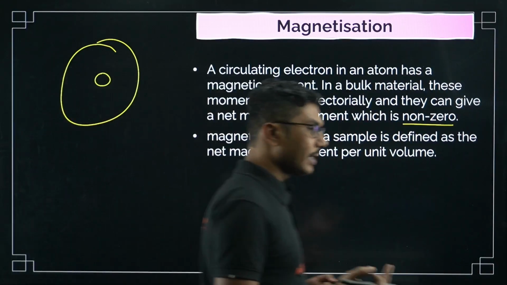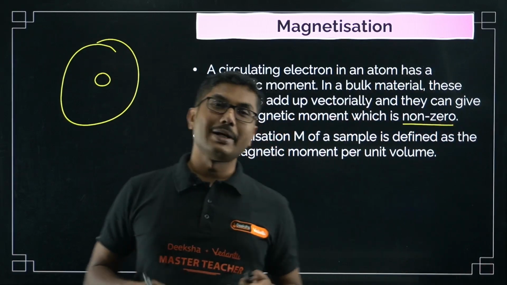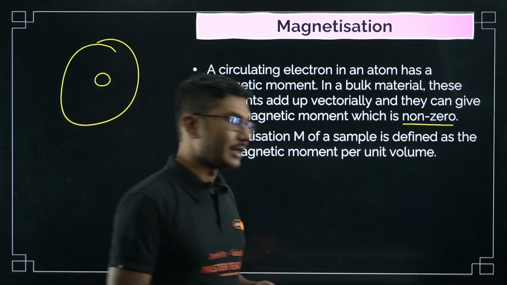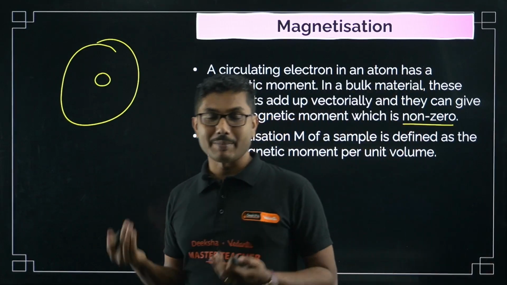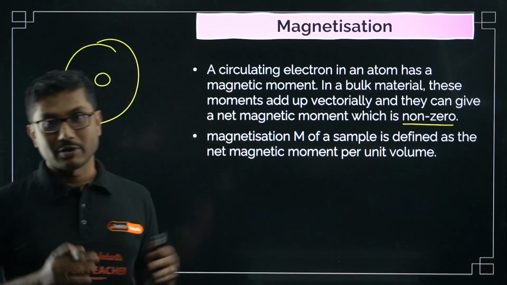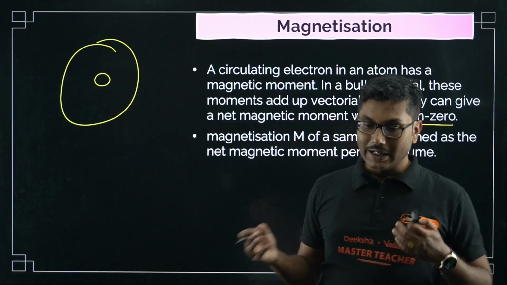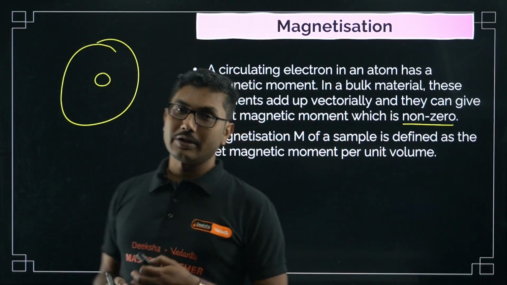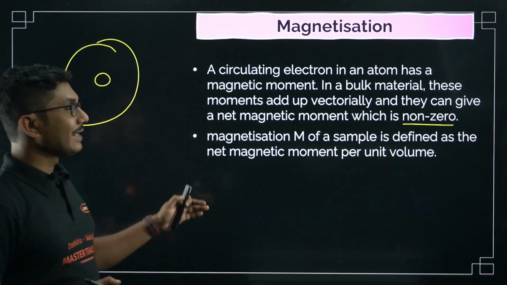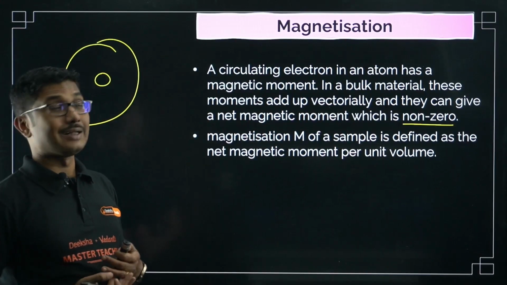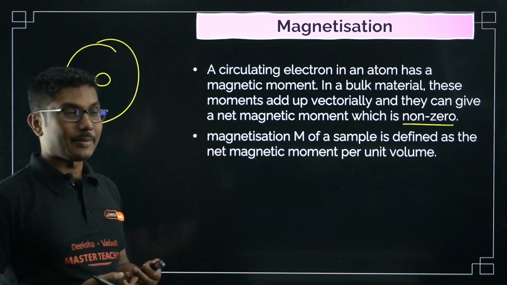For example, copper is paramagnetic at the atomic level, but as a bulk material it is diamagnetic. You cannot have bulk copper which is paramagnetic no matter what the temperature, because its internal bonding is such that it cannot have an independently orbiting electron. So magnetization is very important. If the magnetization itself is 0, then it is maybe a diamagnet.